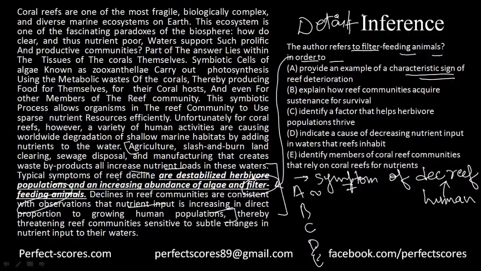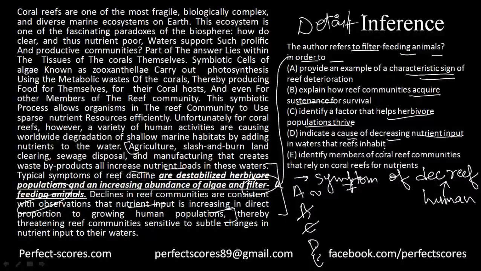B says, explain how reef communities acquire sustenance for survival. Now that is not mentioned. C identifies a factor that helps herbivore populations thrive. That is not the reason why this is mentioned. D says, indicate a cause of decreasing nutrient input in waters that reefs inhabit. And nowhere a cause has been mentioned that is responsible for the decreasing nutrient input.